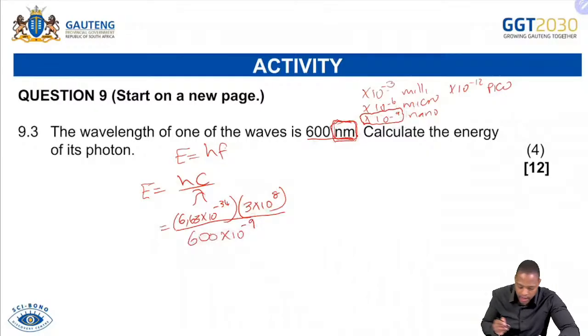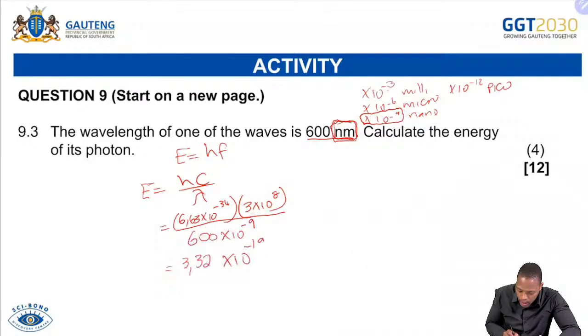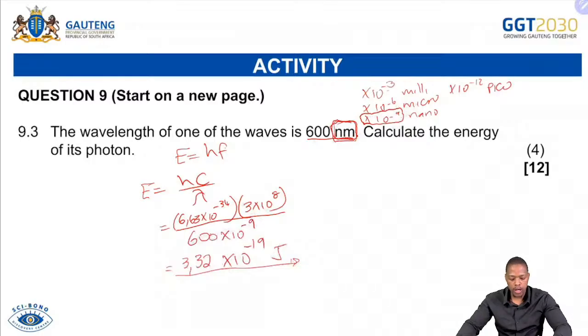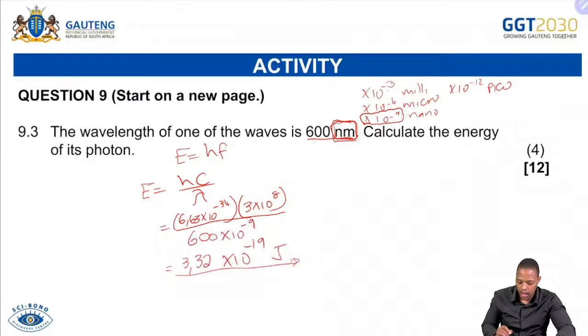Okay, what do we get there? We get that the energy is 3.32 times 10 to the power of negative 19 joules. That's the energy this photon has. That's the energy of the photon of this wave. The energy of a photon of this wave is 3.32.